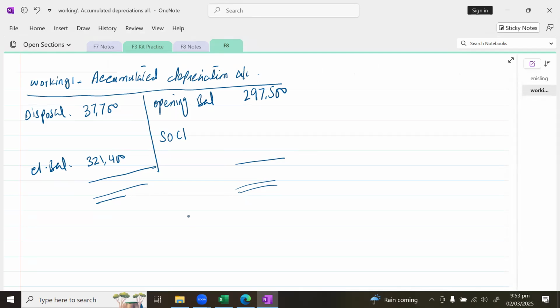So 37,700 plus 321,400 is 359,100. 359,100 minus 297,500 will become 61,600.